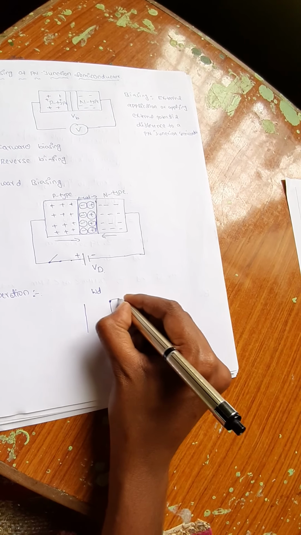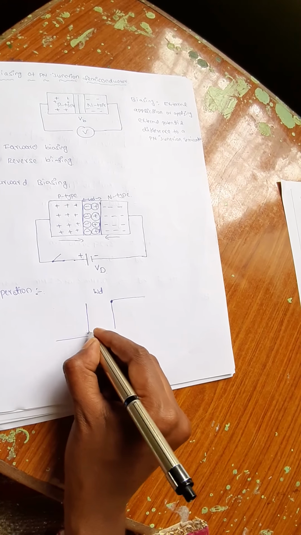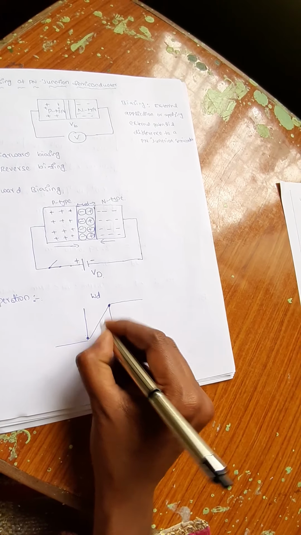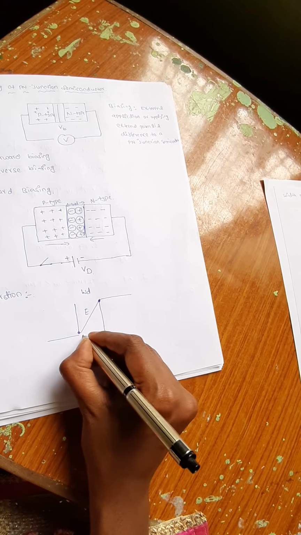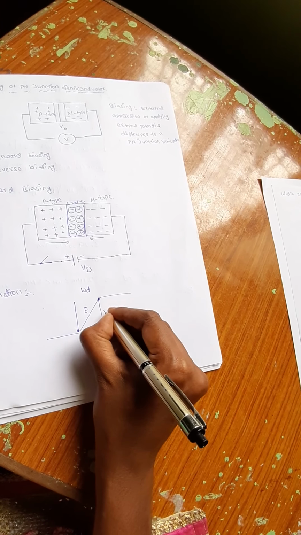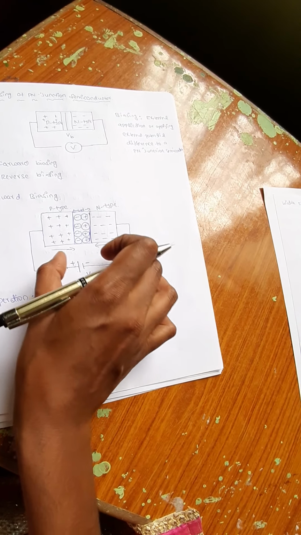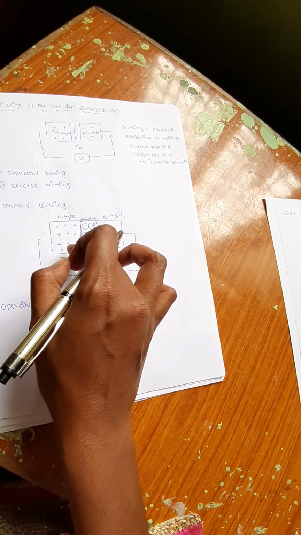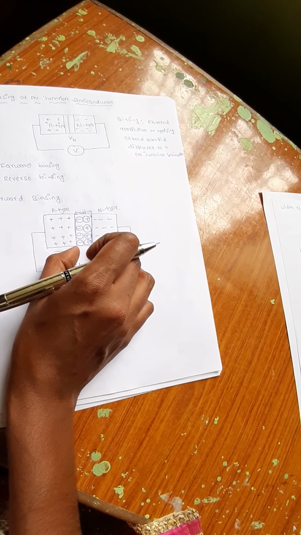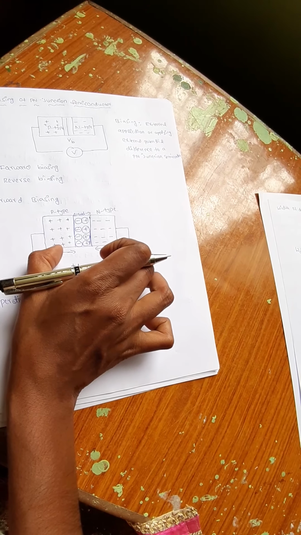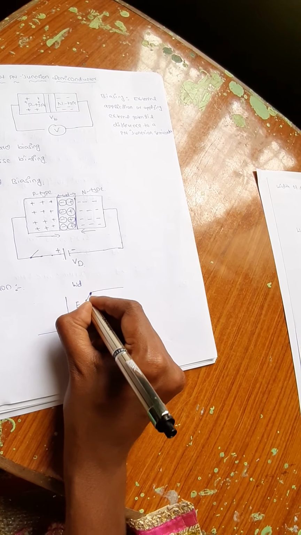For the higher potential, let us take this as the higher potential and this as the lower potential. This is the electric field generated in this depletion region, and because of this distance d there is a potential barrier, which we call VB. Whenever an external voltage is applied, due to the pressure on the electrons on the n side and the holes on the p side, there is a shrink in the depletion region. The width of the depletion region decreases due to the pressure on both sides.